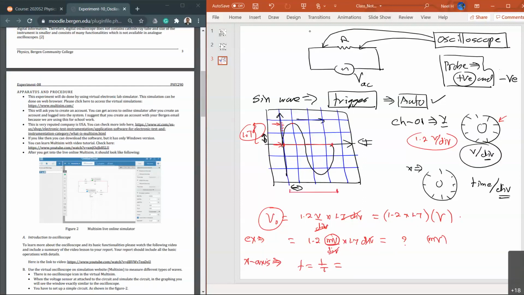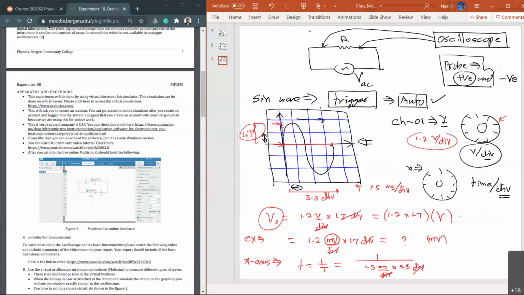You find the total number of divisions, let's say 1, 2, 3, 3.3 divisions, and then you find the value of the x-axis. Let's say it says 1.5 millisecond per division, right? Then if I want to find the time, total time is going to be 1.5 millisecond per division multiplied by 3.3 divisions.